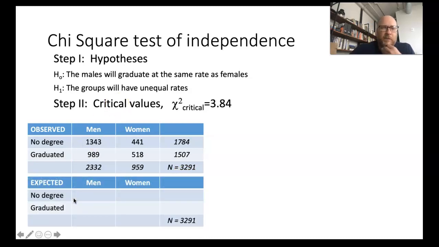The next thing we have to do is figure out the expected value. Now, the expected value here requires a quick formula where you multiply the total for a row and the total for a column for each of the 4 categories. And they get divided by n. I'm going to show you each one here real slow.